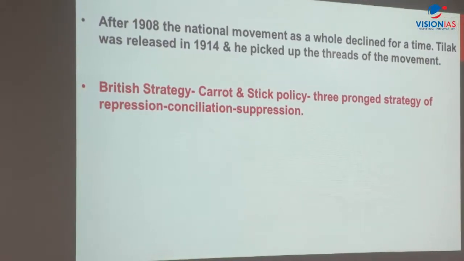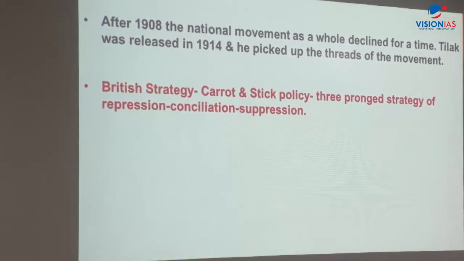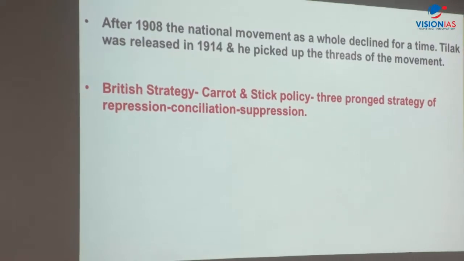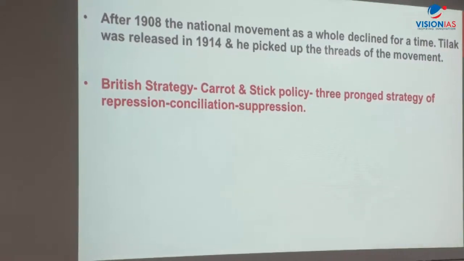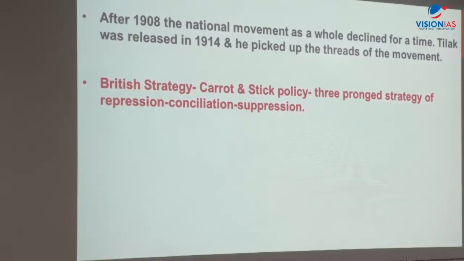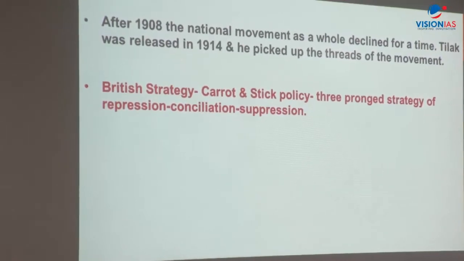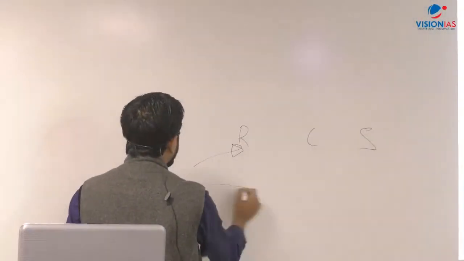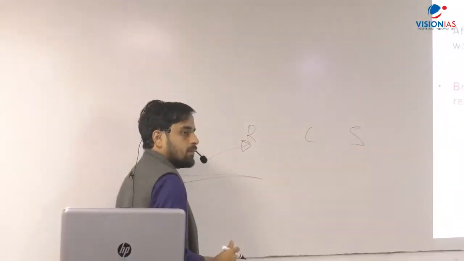So the British strategy in dealing with the partition of Bengal or in dealing with the Congress at this point of time was a three-pronged strategy of repression, conciliation and suppression, as I had told you before, right? We talked about repression, conciliation and suppression? No, we hadn't. Okay. So the whole idea of repression, conciliation and suppression is this, that the first step of the British was that they wanted to intimidate the Congress.